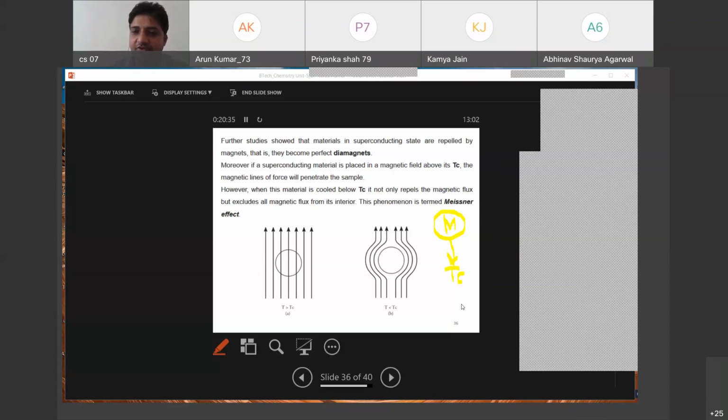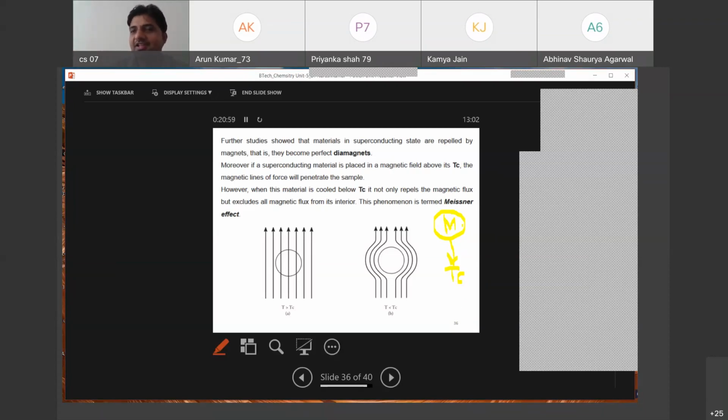Now suppose this metal is present below 10 degrees Celsius, which is the critical temperature for this metal. This means it is present in its superconducting state.